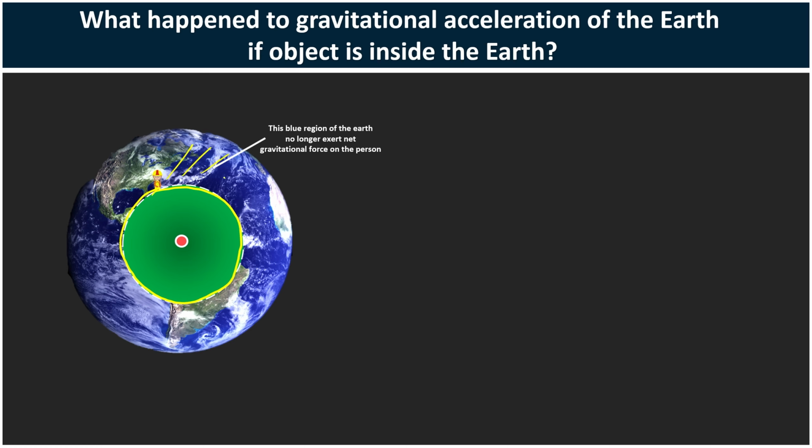This means the outer portion of the Earth no longer exerts a gravitational force on her. In fact, they do still exert the force, but it will cancel out eventually.